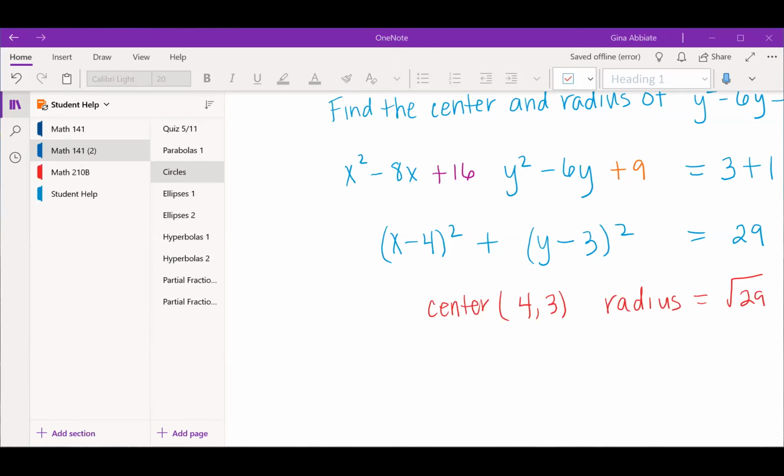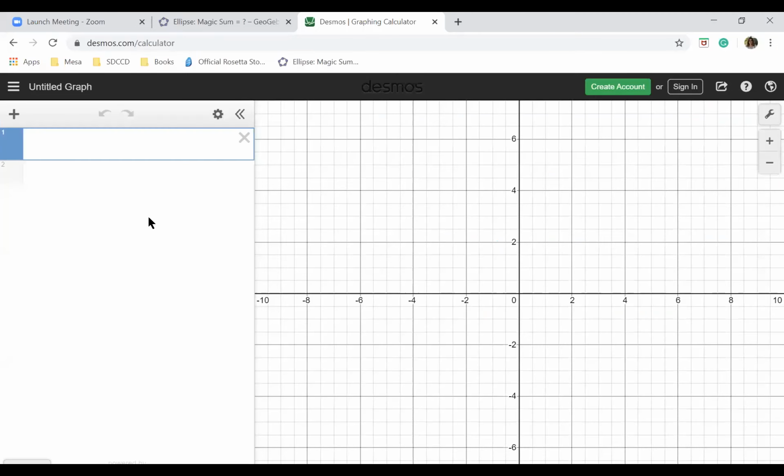Bear with me. I should have had this open to begin with. I'm going to switch my share here. All right. And I'm hoping that you guys are seeing this. Yeah, I think this is good.